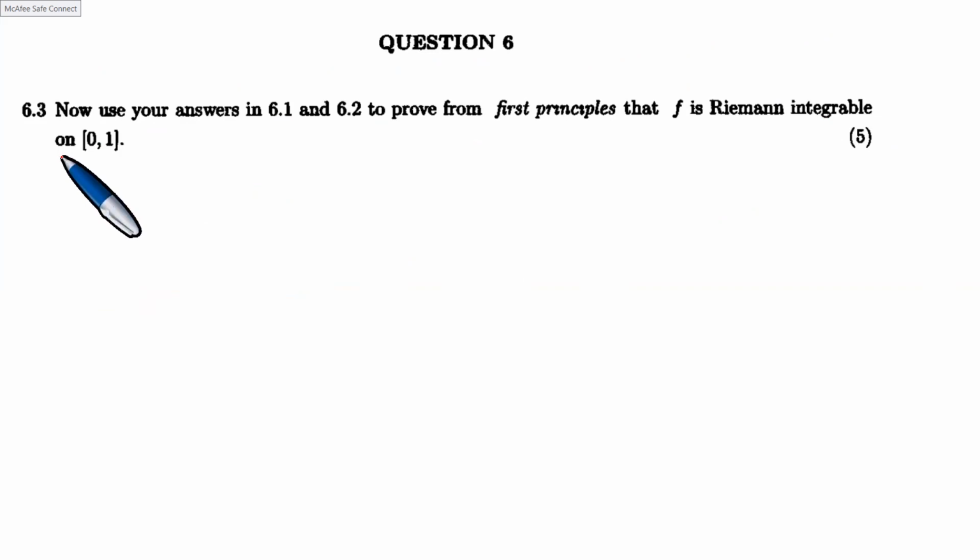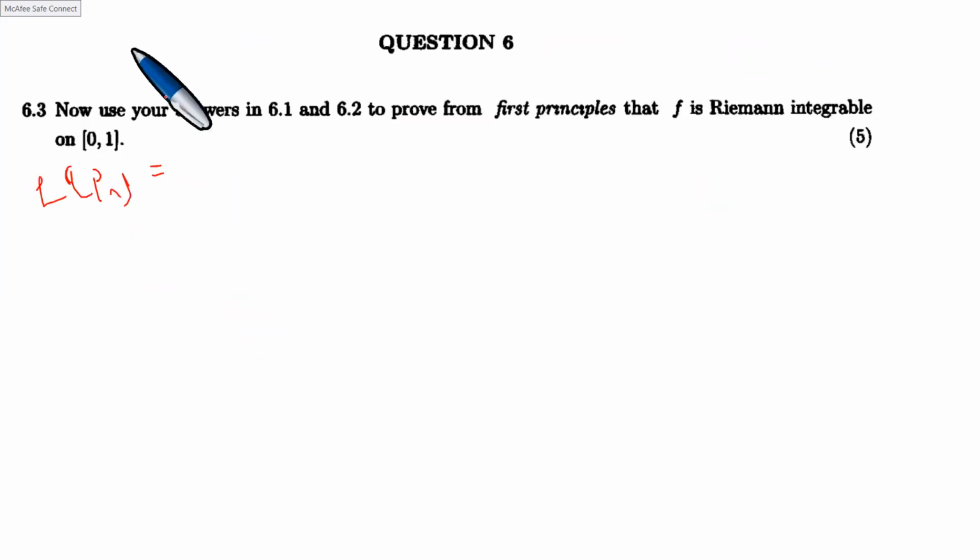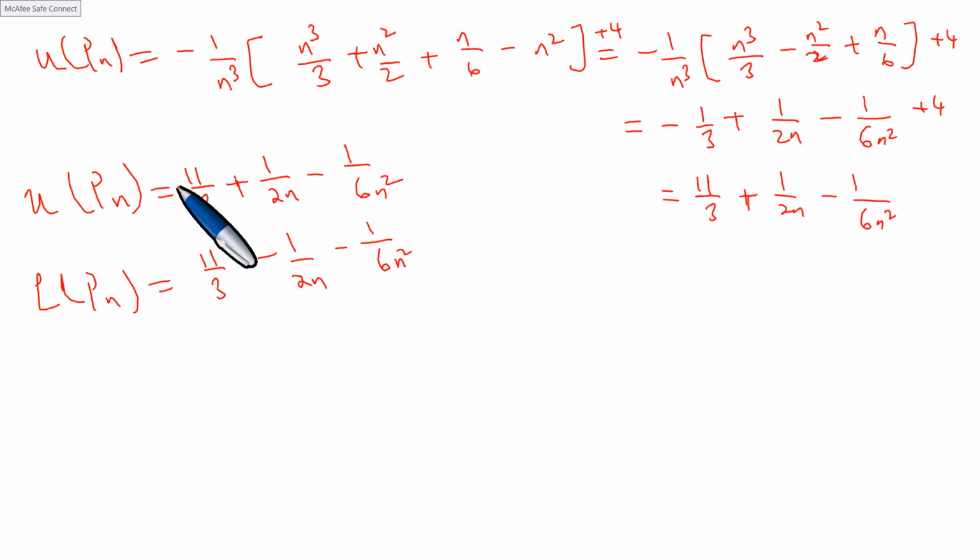So we have the two things. The LPN, which is equal to what? This one: 11 over 3 minus 1 over 2n minus 1 over 6n squared.